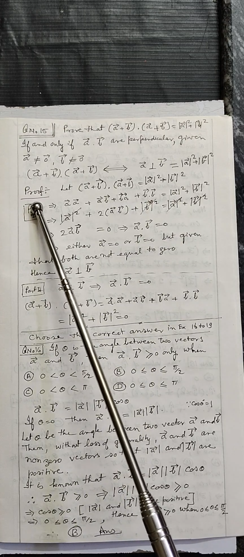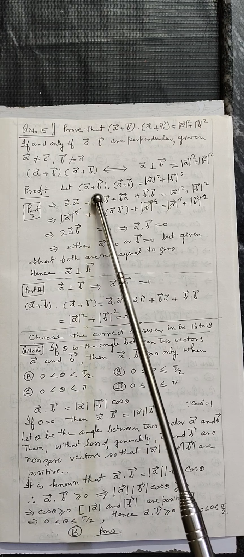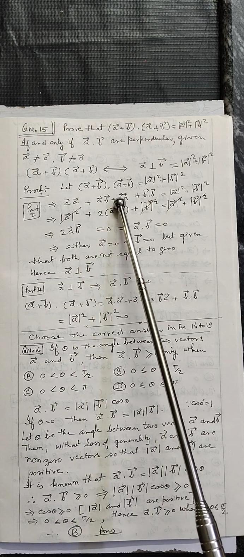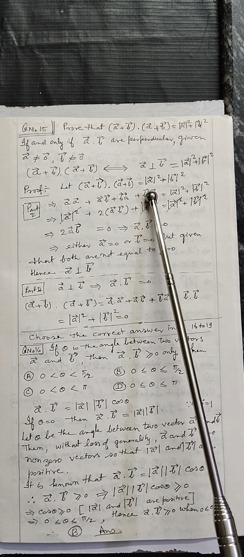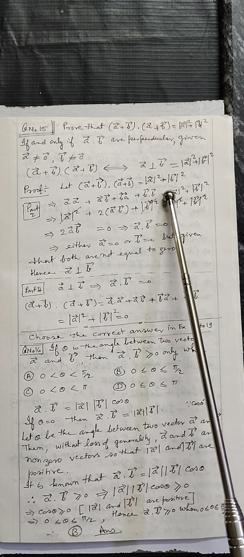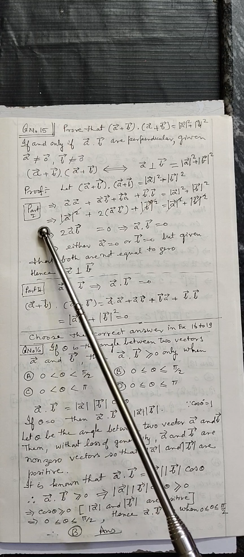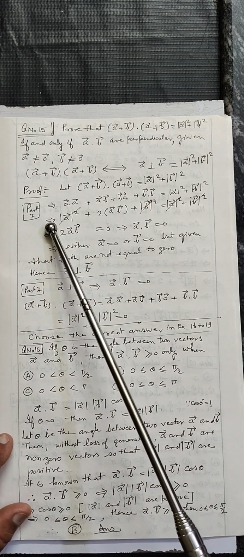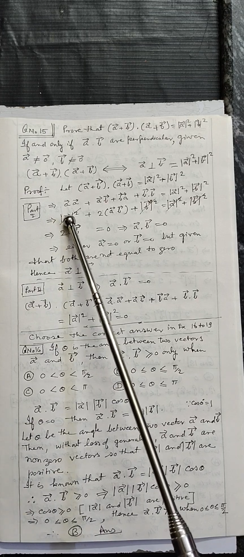So let us start the proof. Let the vector A plus vector B dot vector A plus vector B be equal to the magnitude of vector A whole square plus the magnitude of vector B whole square. So in part 1 we can prove it like this.